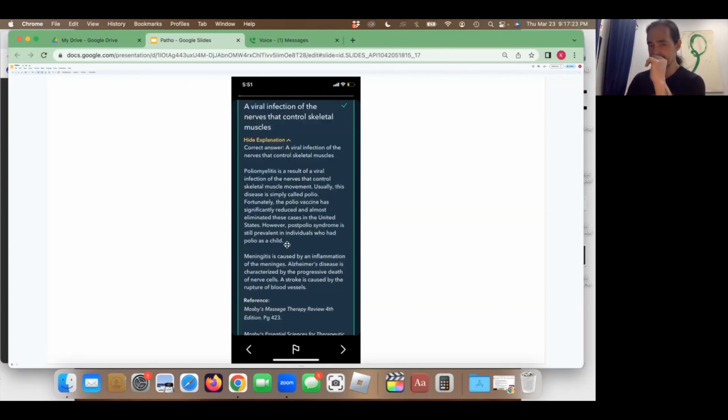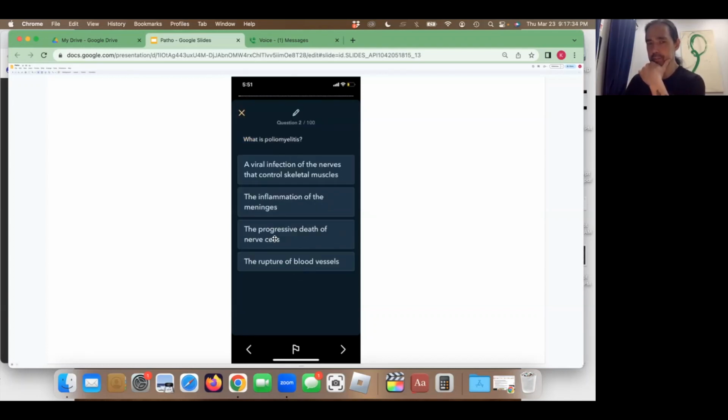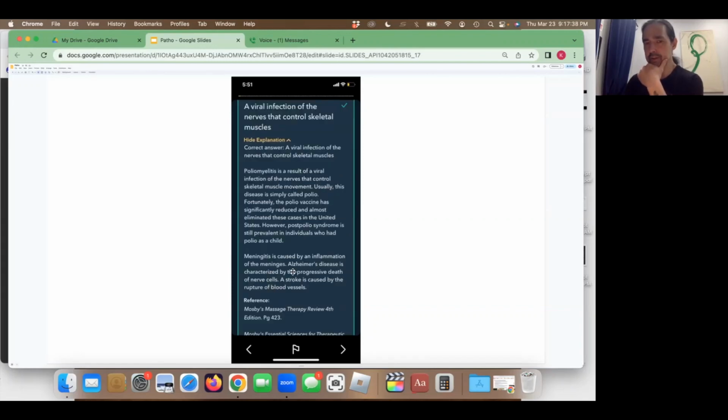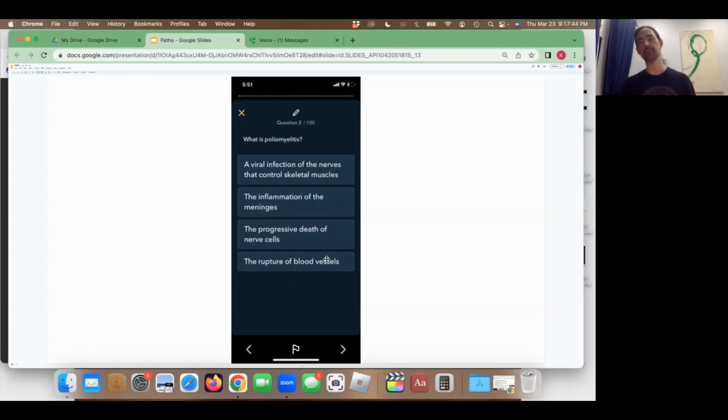Meningitis is often caused by a virus, sometimes a bacteria. You don't need to know that, but it's an infection, right? Progressive death of nerve cells, they're calling that Alzheimer's disease. You also could say that that's multiple sclerosis. And then the rupture of blood vessels, that's a stroke.